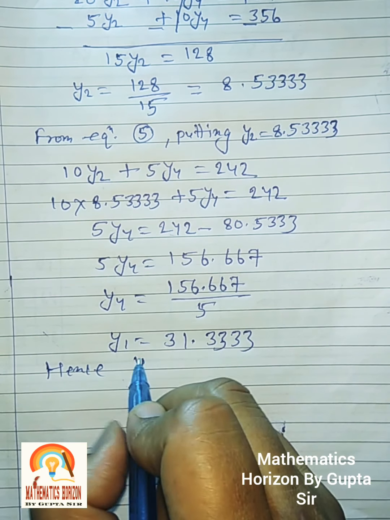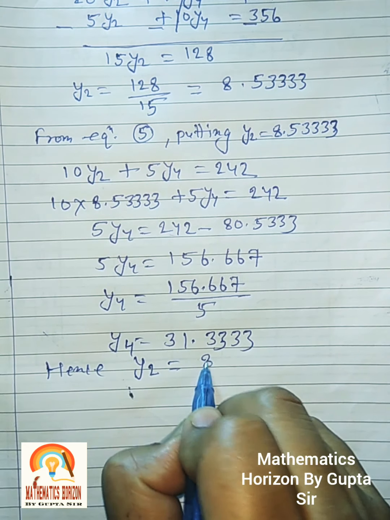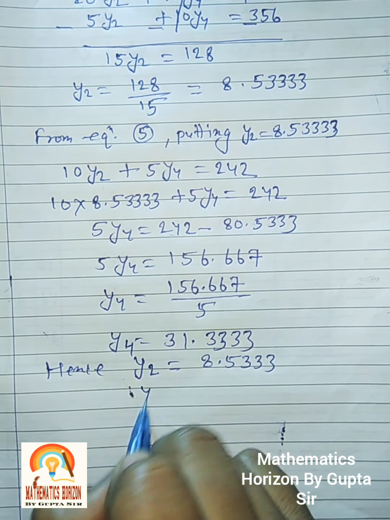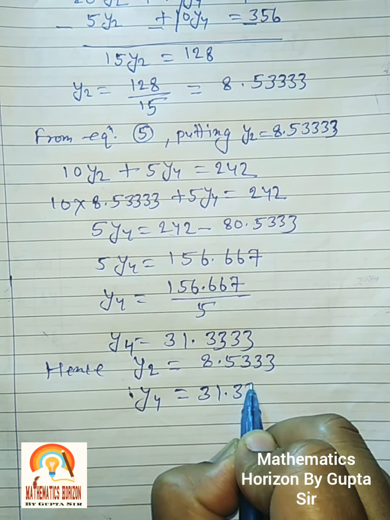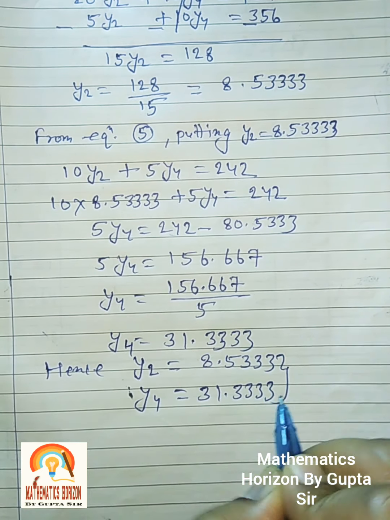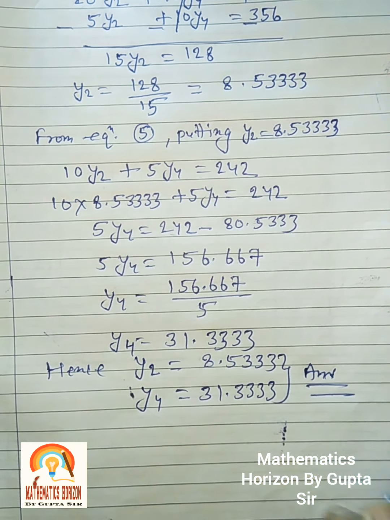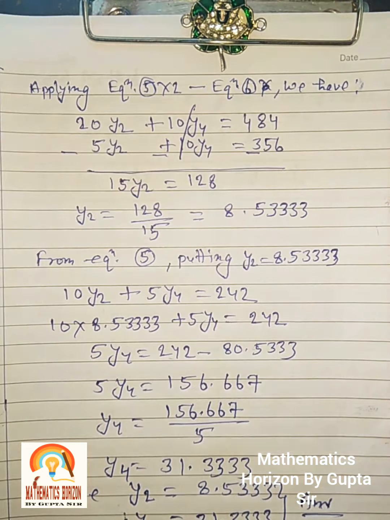Hence we have y2 equal to 8.5333 and y4 is equal to 31.3333, and which is our final solution. Okay, and I think this is clear to all of you.